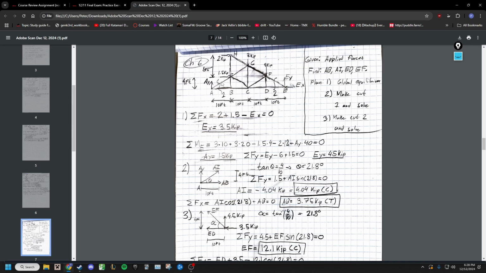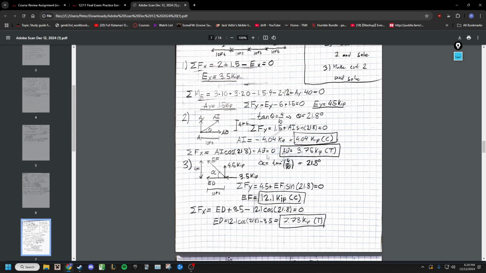When we're doing truss analysis, we first assume everything is in tension, meaning it's pulling away from the point that we're analyzing. So a positive value means that it's in tension, and a negative value means that it's in compression. We find that AI ends up being negative, so it's actually going in, and that would be 4.05 kip in compression. And then AB is 3.75 kip in tension, because it pulls out, it stays positive.